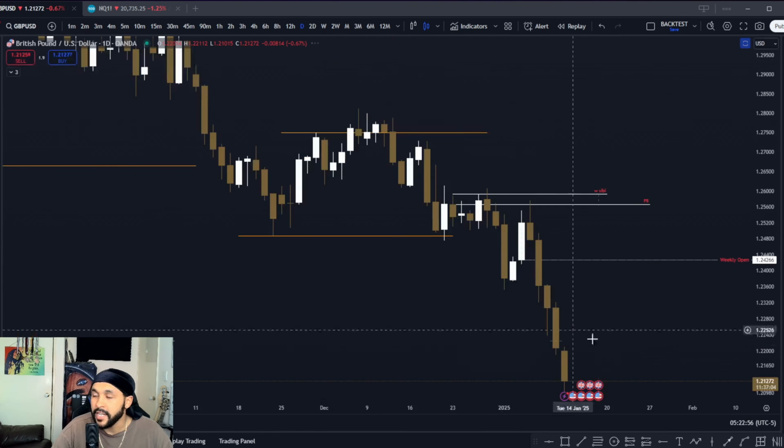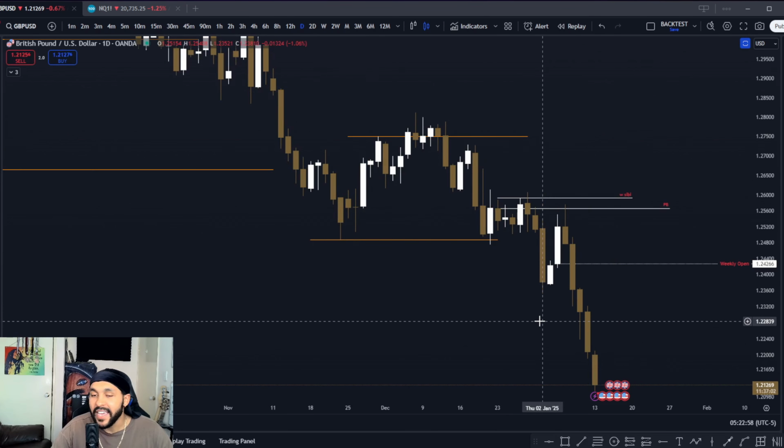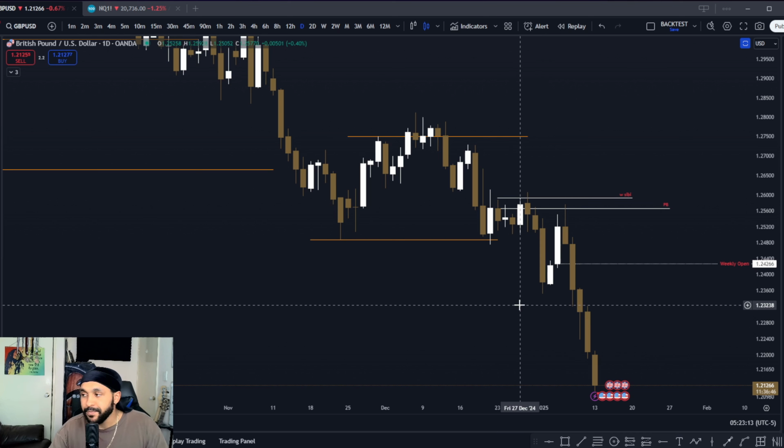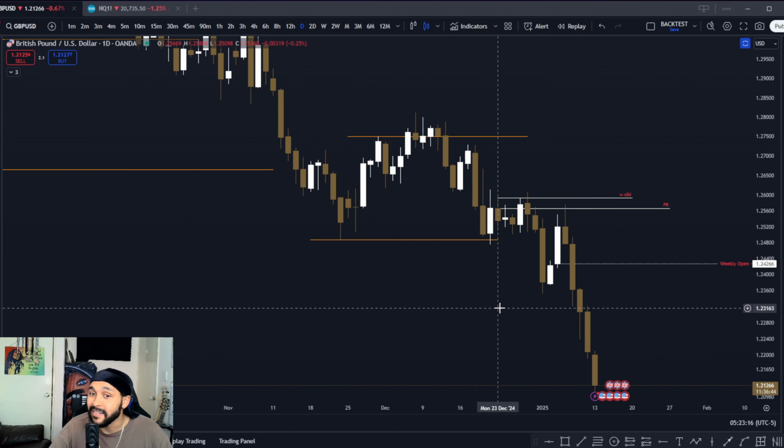Now if we go down to the daily, if we're expecting an open high, low close, what days of the week would we expect the open high to be occurring on? The first half of the week. Monday, Tuesday, sometimes Wednesday. But most of the time, Monday or Tuesday. And I like to bet Tuesday most of the time.